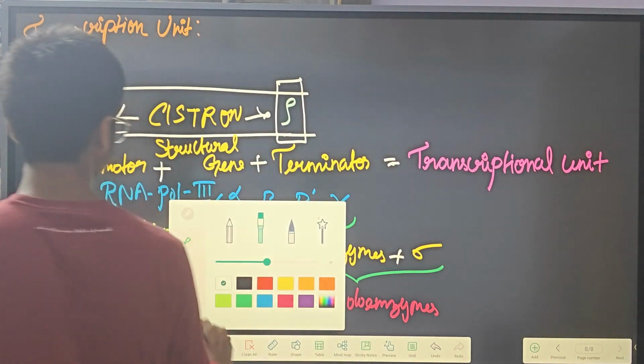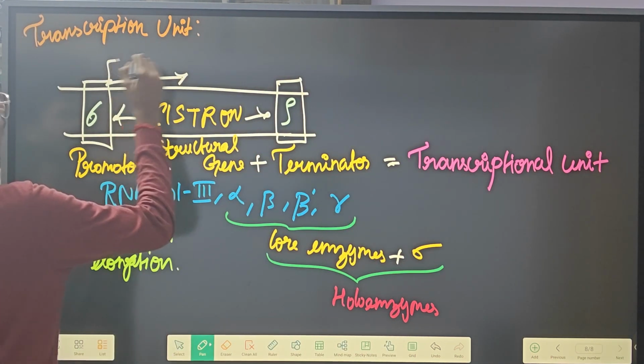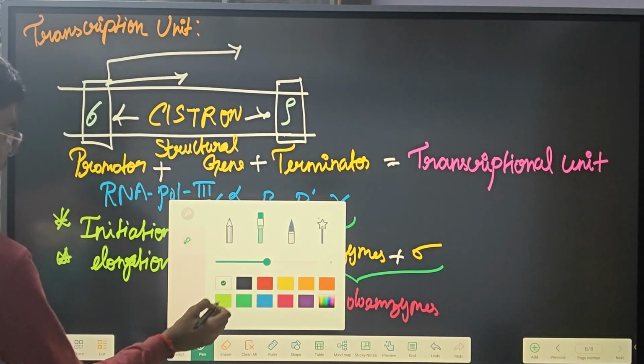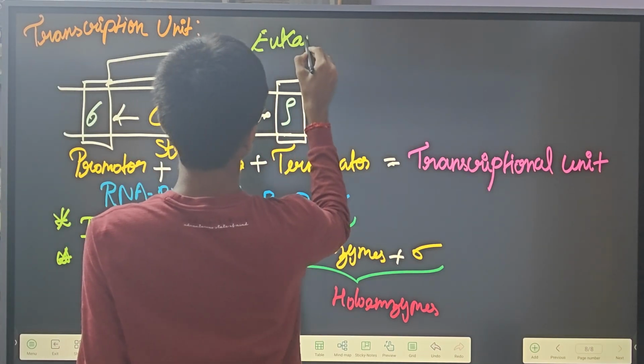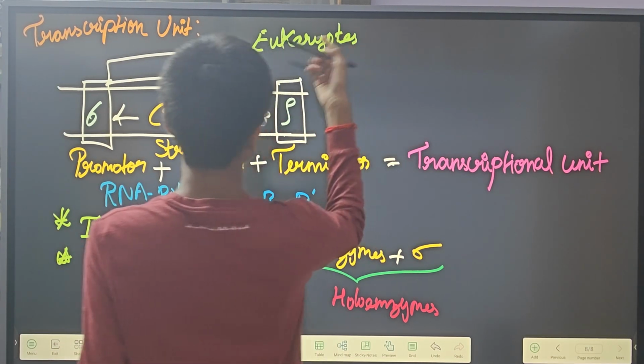Coming to the sigma, it is located in two different places in eukaryotes and prokaryotes.